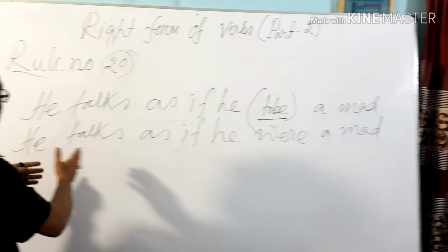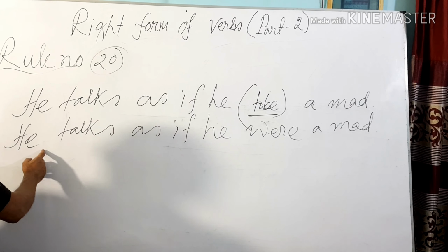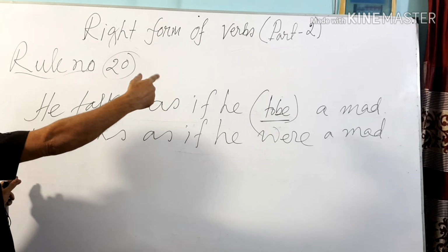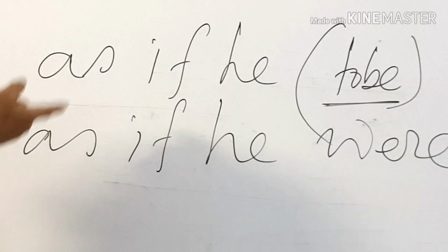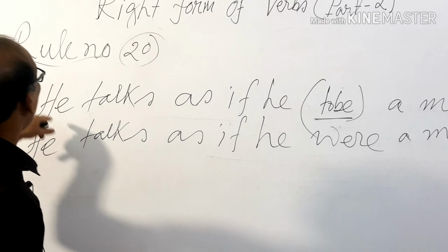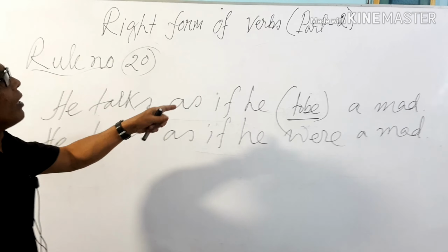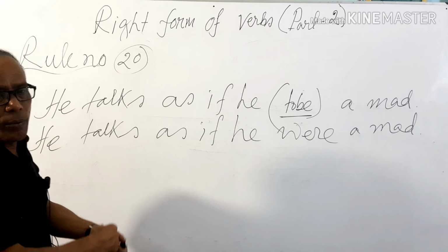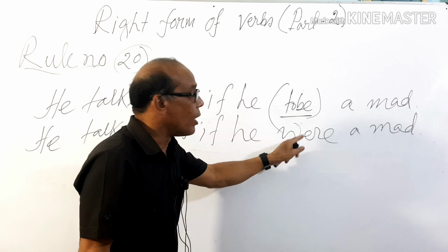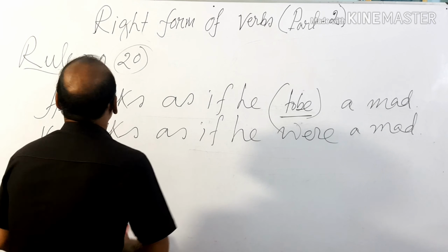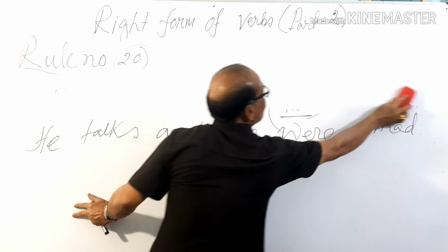So the subject may be you: you talk as if you were a mad. Karim talks as if he were a mad. Ruby talks as if she were a mad. Actually, for every type of subject, only were will be used if it is to be verb. So I think this is clear.